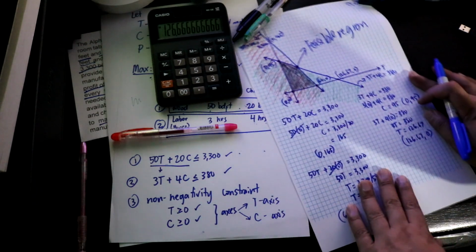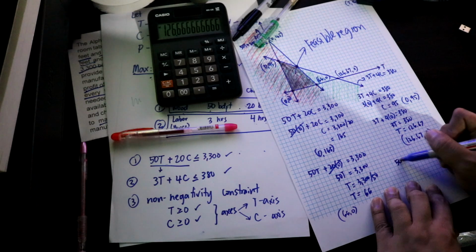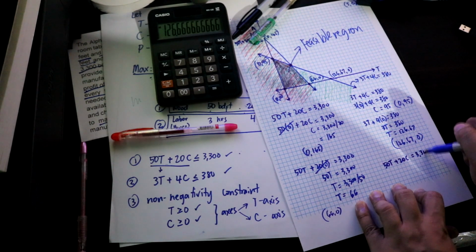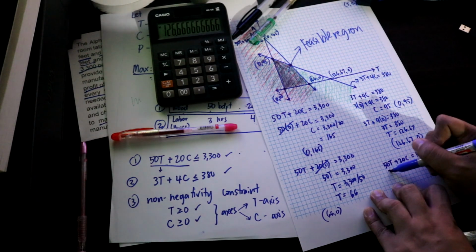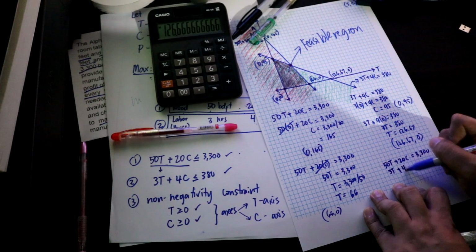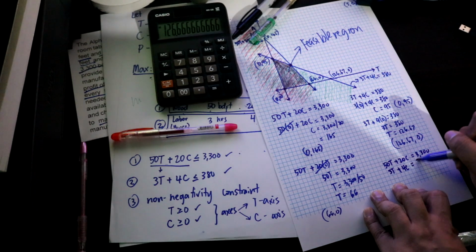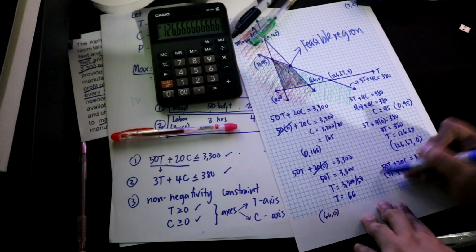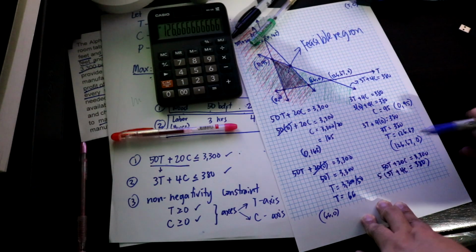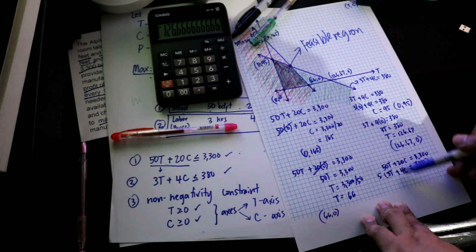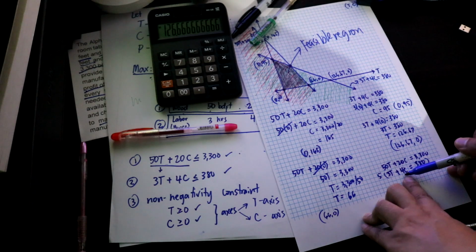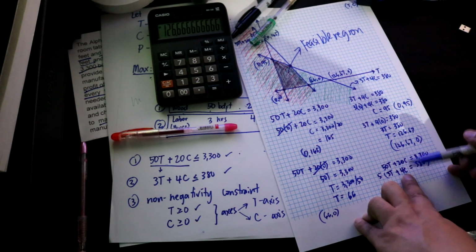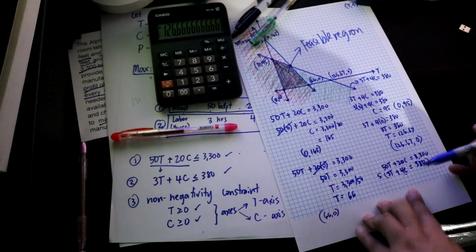So 50t plus 20c is equal to 3,300, and then 3t plus 4c is equal to 380. We multiply this equation by 5 so that this term here would be equal to this, so that it would be easier to eliminate.